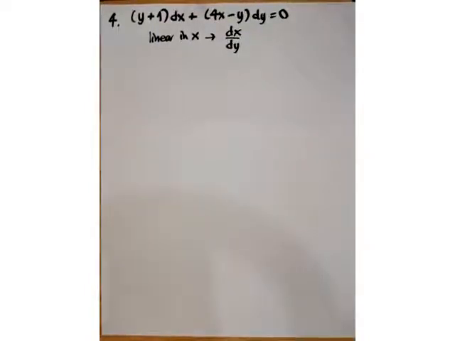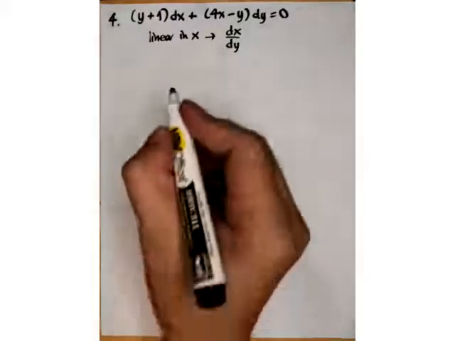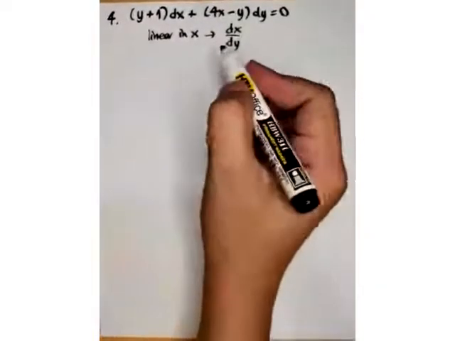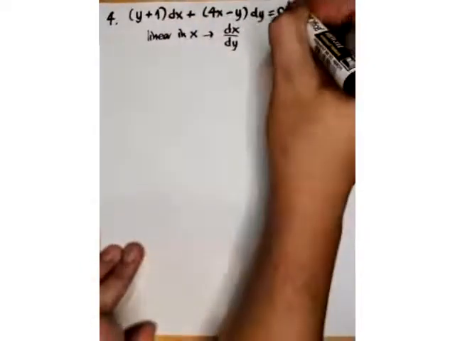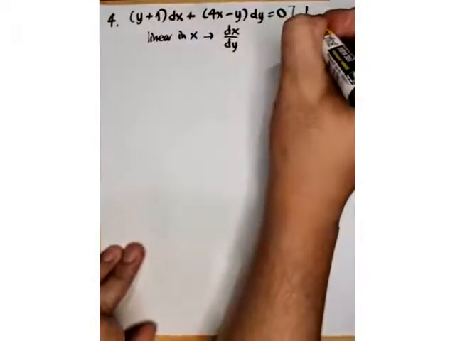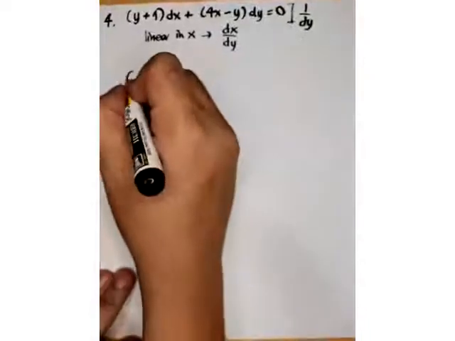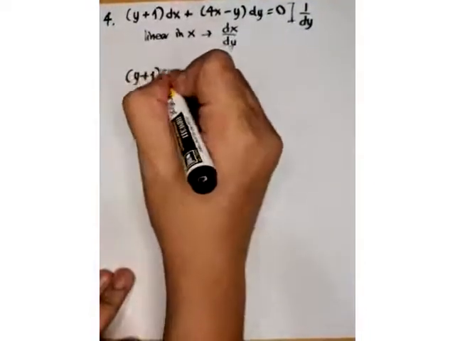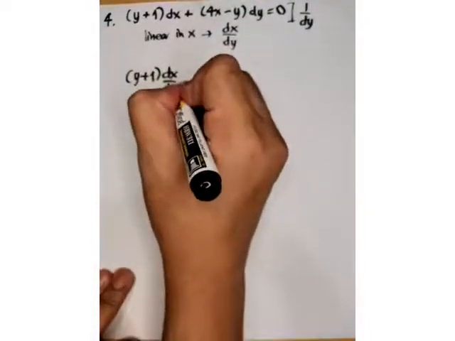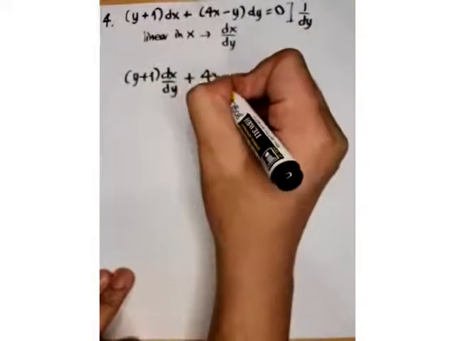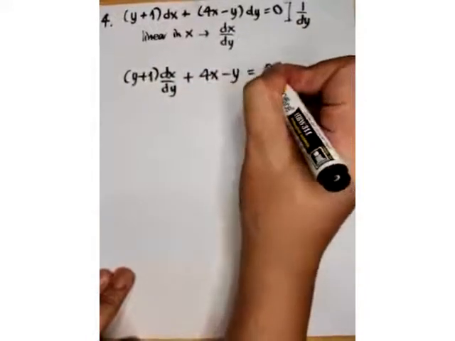It's dx over dy because it's linear in X, not in Y. Okay, so therefore, i-divide natin yung buong equation ng dy, not dx. So we'll have y plus 1 dx over dy plus 4x minus y is equal to 0.